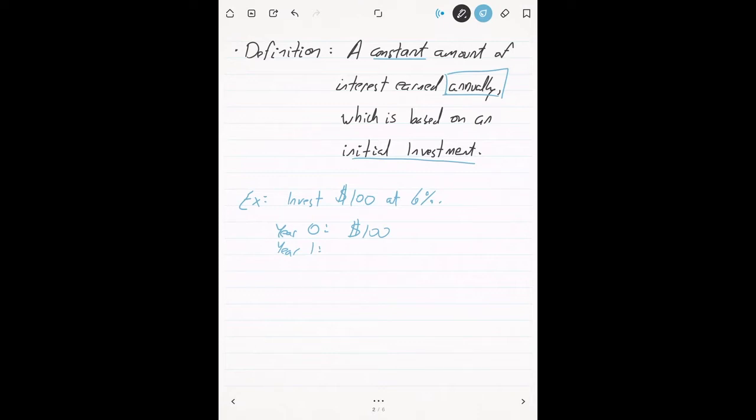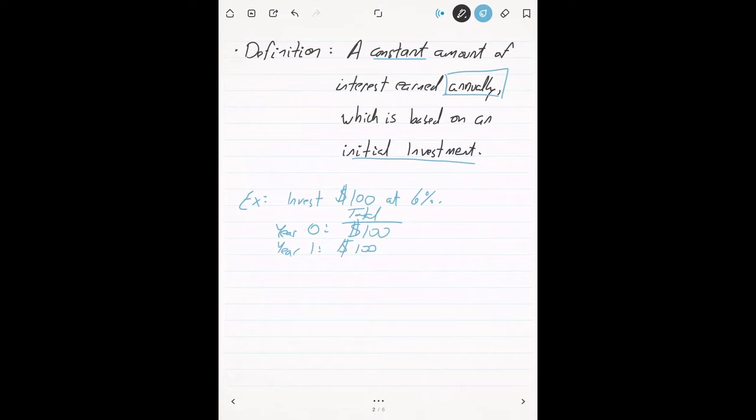You still have your $100. Let's say you haven't withdrawn anything and you haven't added anything to it. You still have your $100 in the bank. So our total here is $100. And maybe I should label this total. So first year, you just put in $100. The following year, it's been in there for a year. You still have your $100.